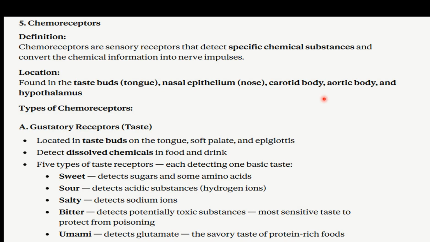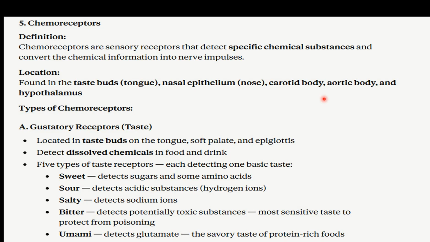There are majorly 5 types of taste receptors, each detecting one basic taste. Sweet detects sugars and amino acids, sour detects acidic substances like hydrogen ions, salty detects sodium ions, and bitter detects potentially toxic substances, the most sensitive taste, to protect from poisoning.